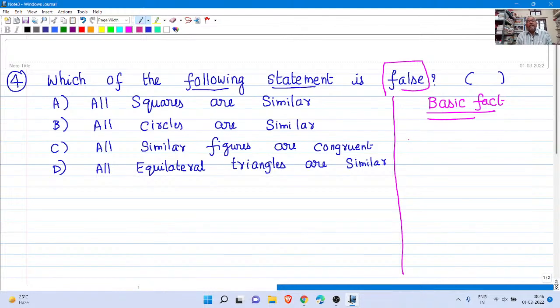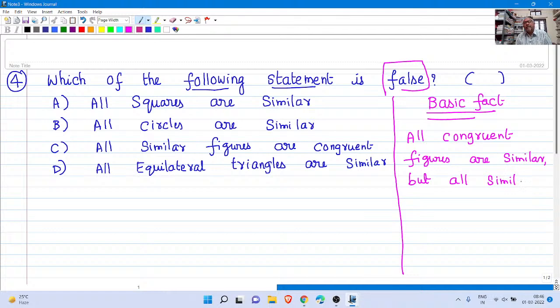See, all congruent figures are similar. This is a true statement. But all similar figures need not be congruent.